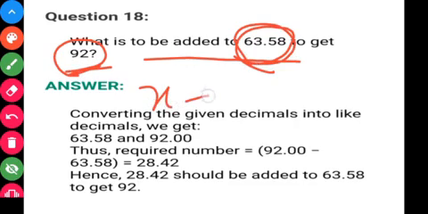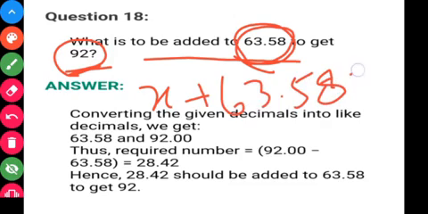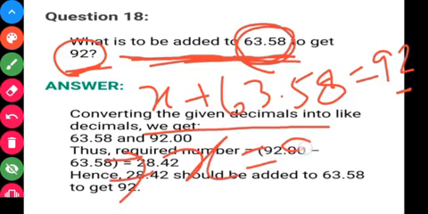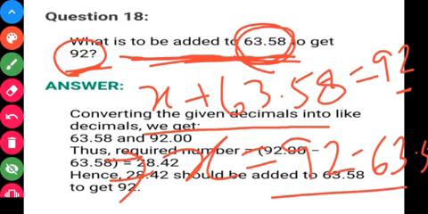So x plus 63.58 is equal to 92. This implies x is 92 minus 63.58.